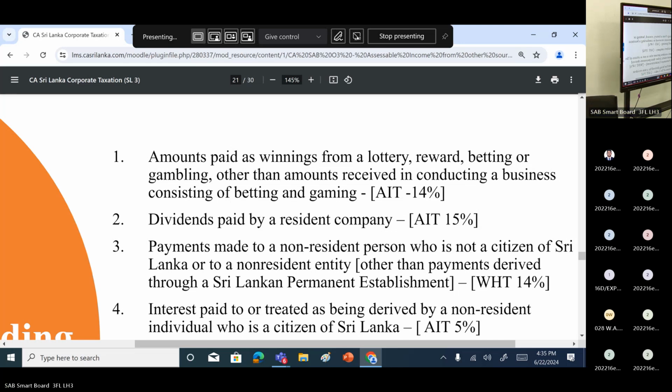Right? Dividend paid by a resident company. When the resident company is making a distribution of profit, it is subject to 15% AIT, advance income tax, right now. Historically, section 88 says final withholding tax because the name was withholding tax previously, and in December 2019 they changed the law. So then it goes as advance income tax.